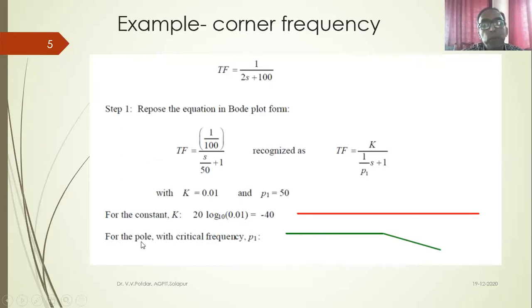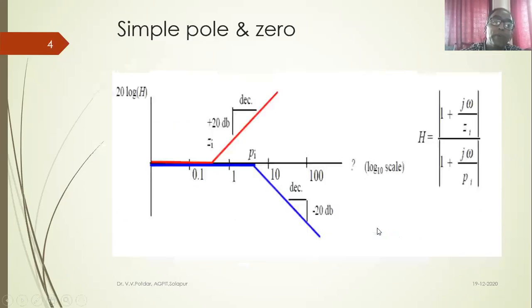And for the simple pole, they call it the critical frequency; we call it the corner frequency. At the corner frequency, I should start my straight line of slope minus 20 decibel per decade for the simple pole. So this will be a straight line of slope minus 20 decibel per decade, starting at the corner frequency of 50 on my semi-log paper.